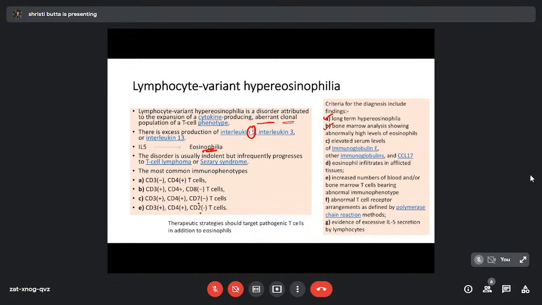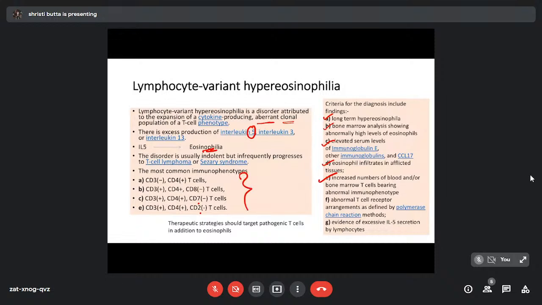elevated serum IgE levels and CCL17 and other immunoglobulins, eosinophilic infiltration in the tissues, and an increased number of blood and/or bone marrow T cells bearing abnormal immunophenotypes, as shown alongside here.